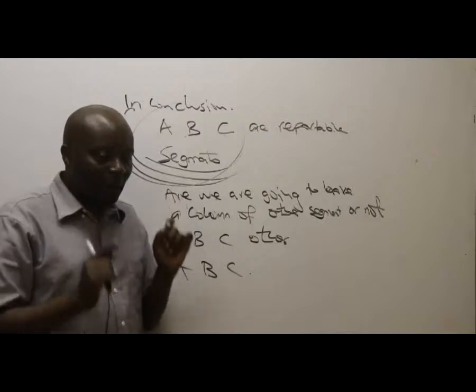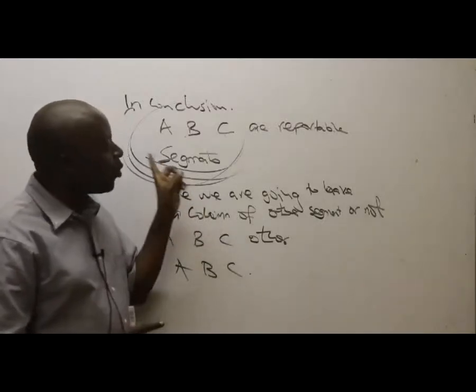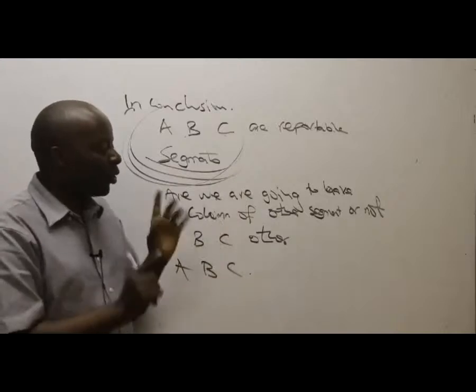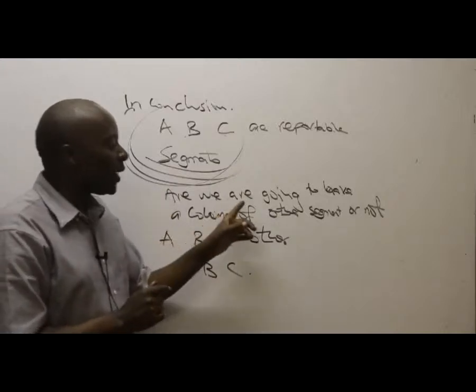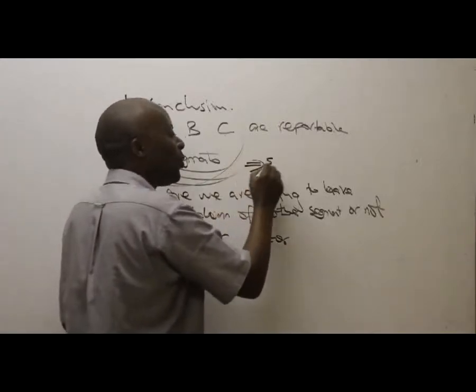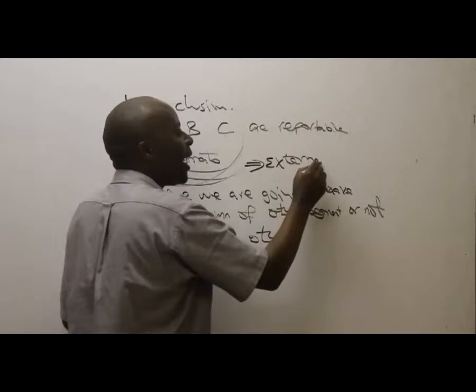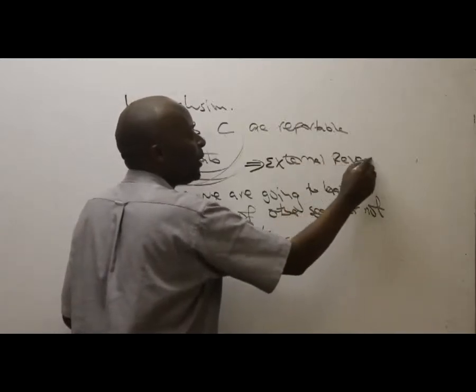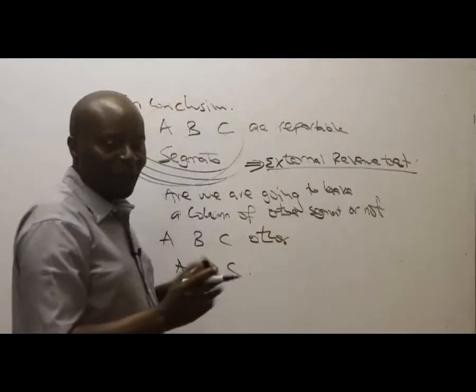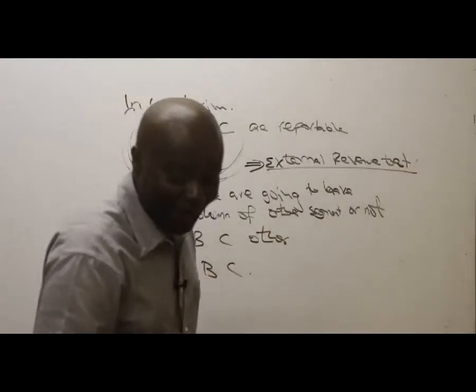We have to ask ourselves, are we going to have a column of other segments or not? To answer this question, you must use what we call the external revenue test. This is the last test.